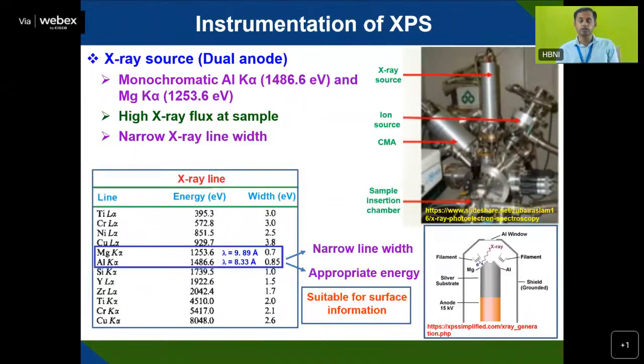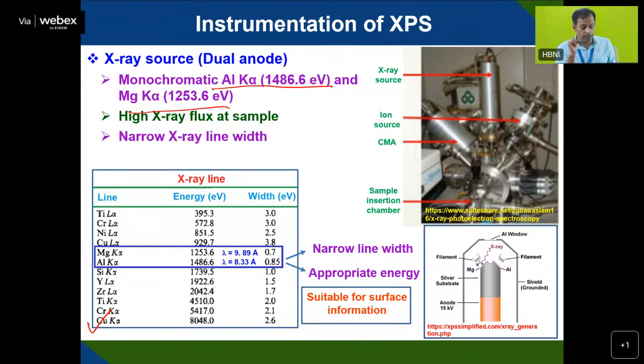If you see the instrumentation part of XPS, XPS generally uses either a single anode or a dual anode. Nowadays dual anode XPS are mainly used. The X-ray source is a monochromatic aluminum or magnesium K alpha. I discussed in XRD that we generally use copper K alpha, or molybdenum or chromium K alpha.